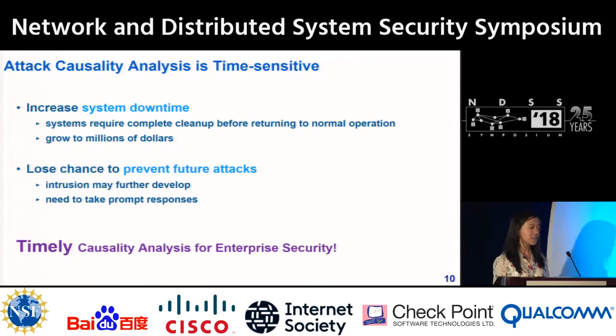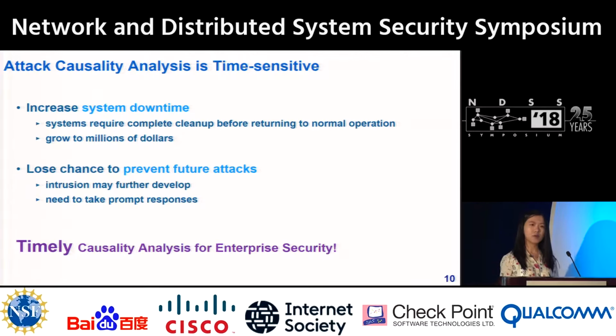The other reason is that slow causality analysis can cost us a chance to prevent future attacks. Intrusion may further develop and cause more damage, and if we cannot take prompt responses and understand the attacker's intentions, we may be unable to prevent future damage.